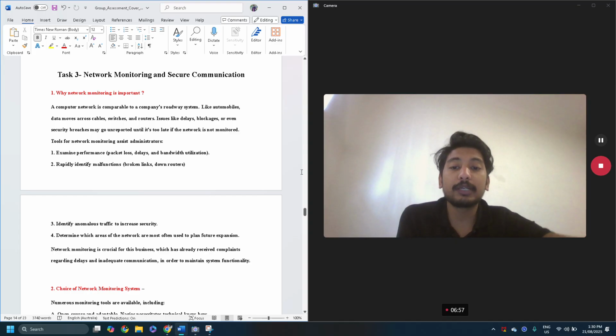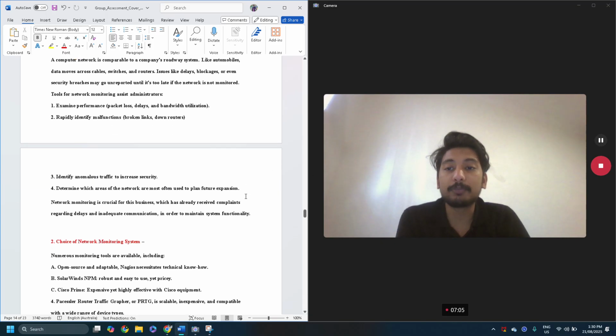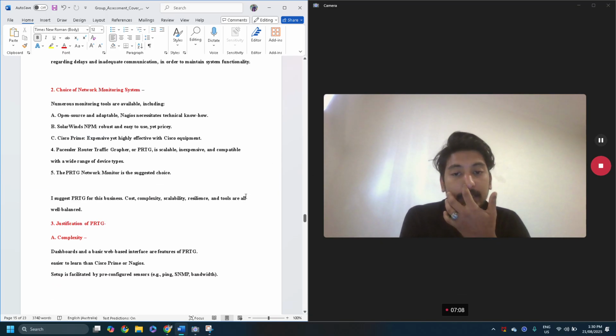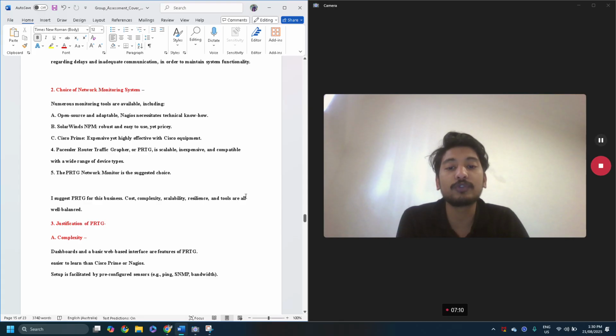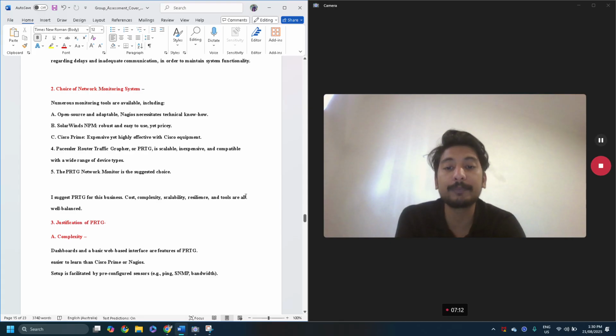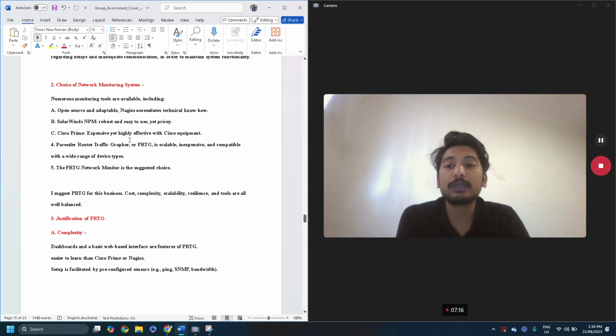For branch-to-branch communication, the current setup sends traffic over the public internet, which is unsafe, so the alternative is a site-to-site IPsec VPN. I have configured encryption with AES-256 and authentication to ensure only company routers connect.